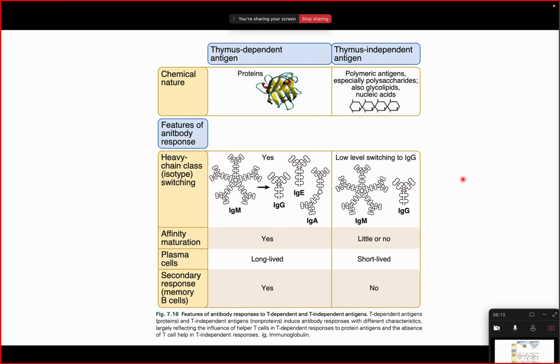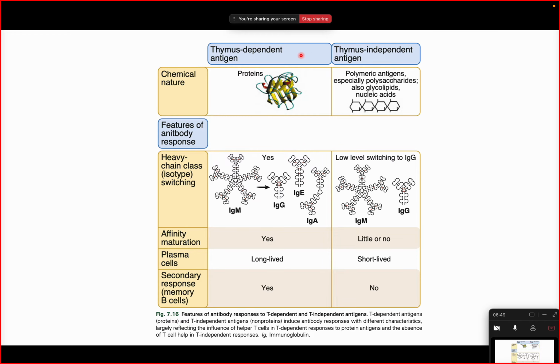Yeah, so this is basically the features of antibody responses to T dependent and T independent antigens. T dependent antigens are predominantly proteins, and T independent antigens can be anything. They induce antibody responses with different characteristics, largely reflecting the influence of helper T cells in T dependent responses to protein antigens, and the absence of T cell help in T independent responses.